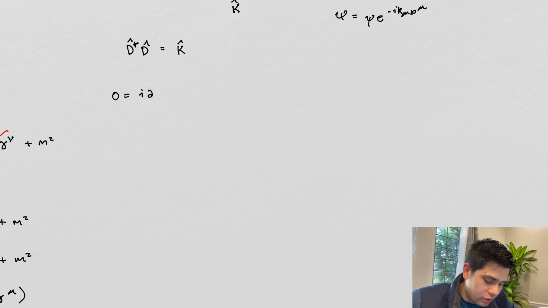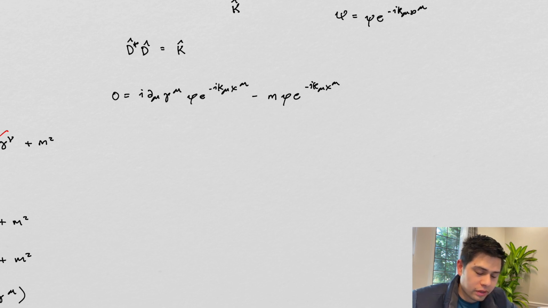we have our Dirac equation, and we're just going to put our solution in here, minus m, mu, like this.